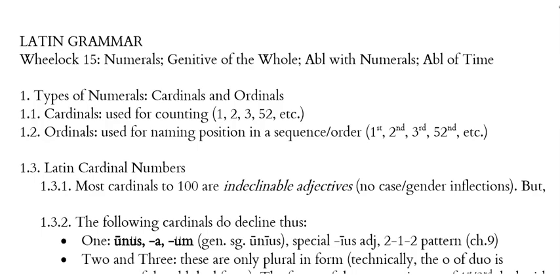As far as numbers or numerals go, there are two basic types that we want to talk about: cardinal numbers and ordinal numbers. Just to make sure we're clear on the difference, cardinals are used for counting. So numbers like 1, 2, 3, 4, 5, right? There are 52 cards in a deck.